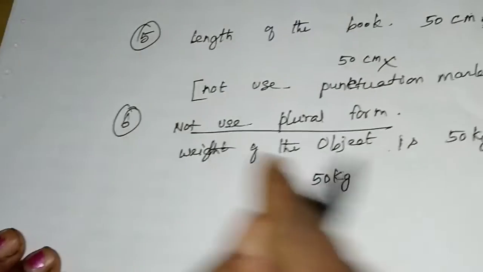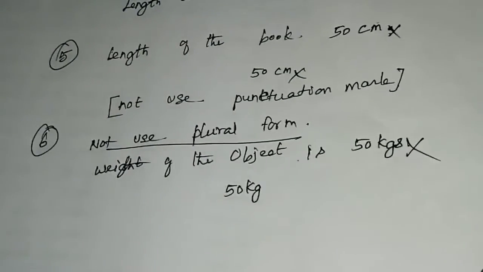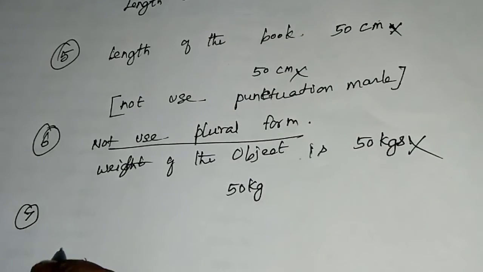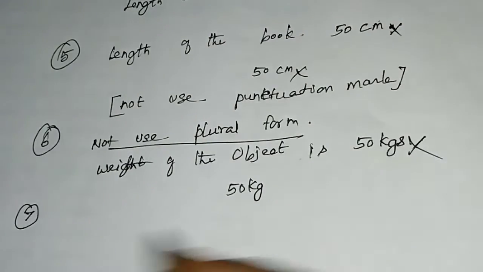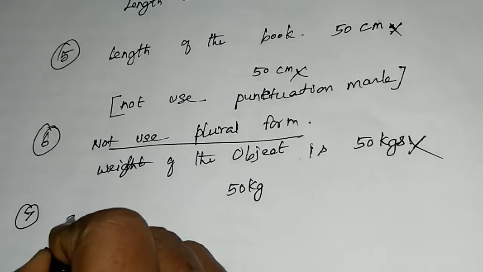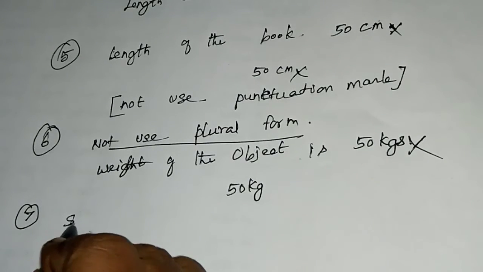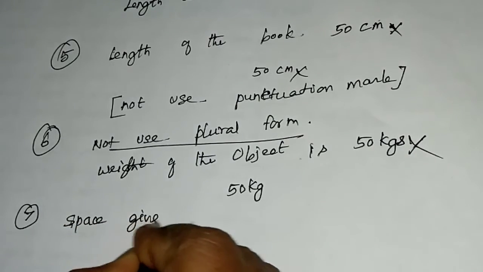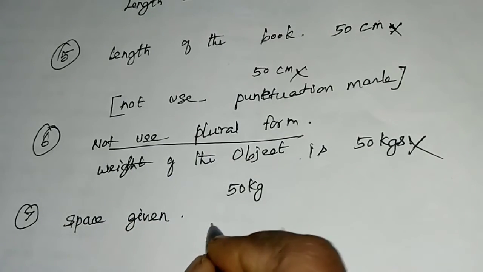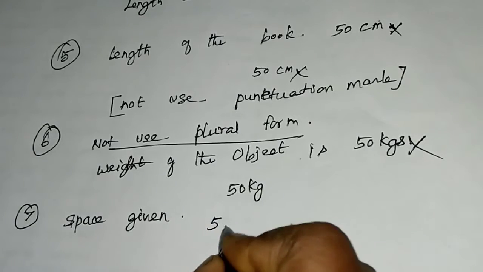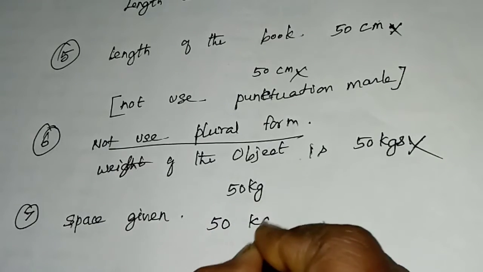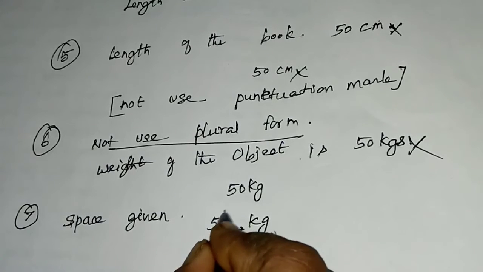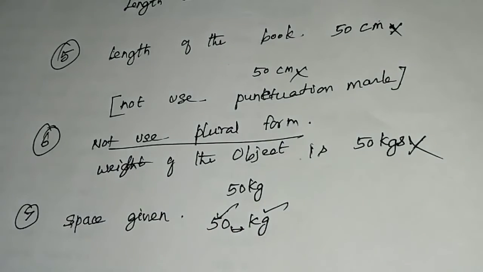And the seventh point we should follow while writing the SI unit is the space. Space should be given between the number and the unit, as in 50 kg. We have to give some space between the number and the unit.